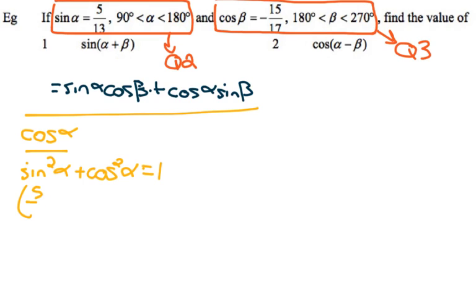Sine is 5 over 13. Cosine, we don't yet know. And now it's just a matter of solving out this equation.